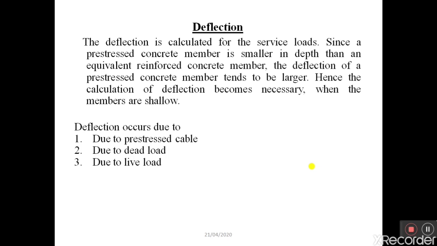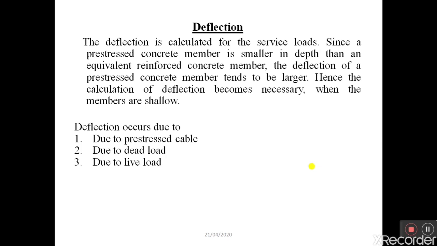Here the deflection of a prestressed concrete beam can occur in three loading cases, whereas if we consider a normal or conventional concrete beam, the deflection will occur only for two cases: one for dead load and another for live load.